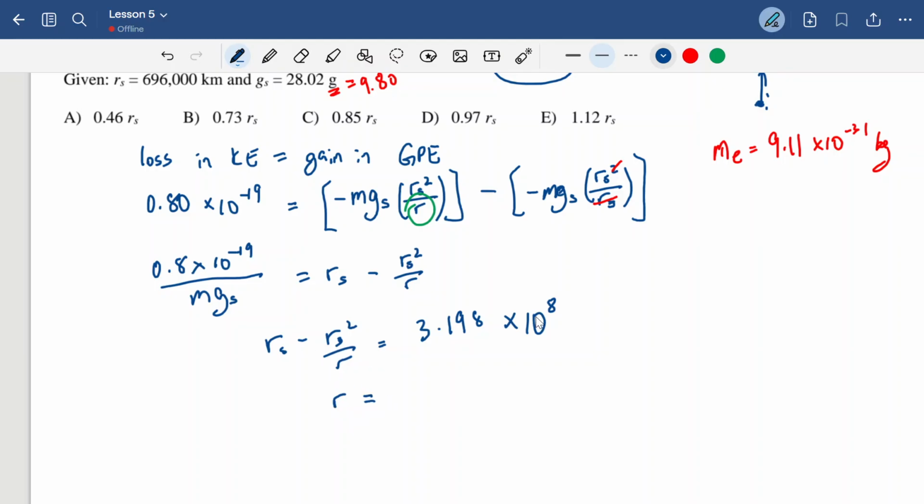So RS minus this, 696,000,000 minus this.